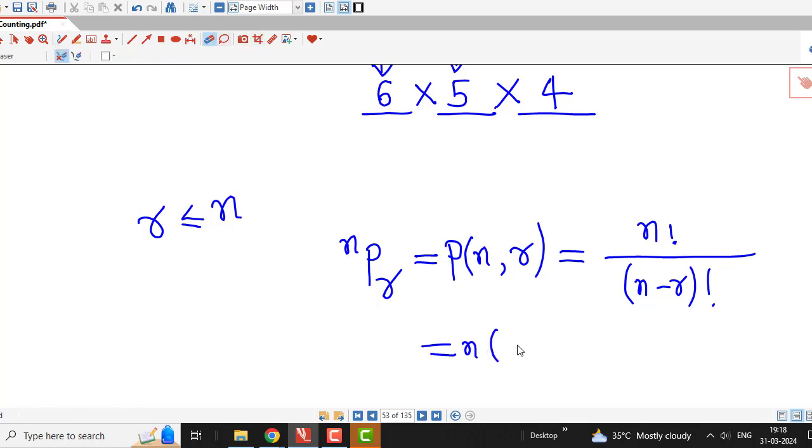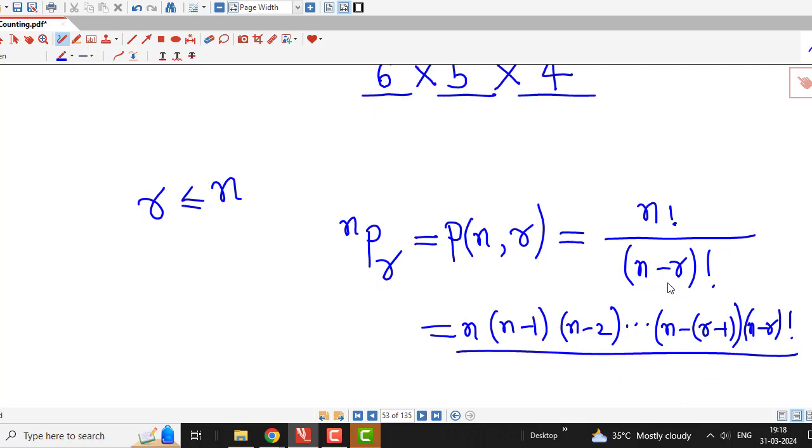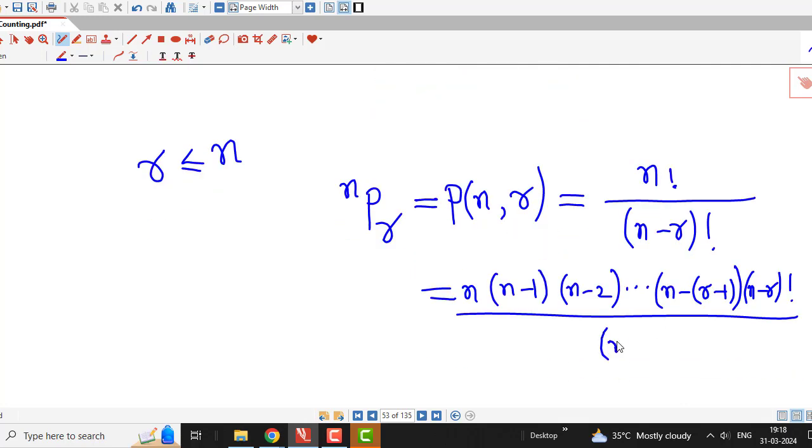If we simplify this, we can write n factorial as n into n minus 1 into n minus 2 into up to n minus r plus 1 into n minus r factorial. Because I have n minus r factorial in the denominator, I rewrite n factorial in this way.